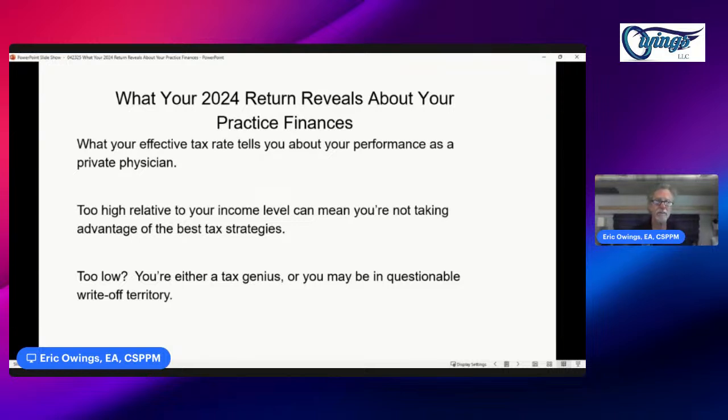Physicians, you should be somewhere between, if you're new in practice, maybe 18%, but probably more like 20 to 30%. If you are basically paying the maximum effective tax rate, you might not be taking advantage of the best strategies, as it says here.